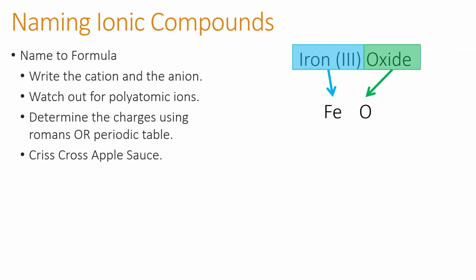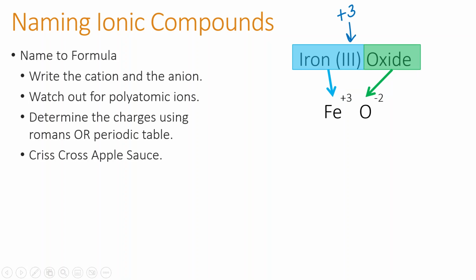Now, iron is a transition metal, meaning that we don't know its charge from the periodic table. Instead, that's what this Roman numeral is telling you. This Roman numeral is not telling you that there are 3 irons. It's telling you that the charge on the iron is +3. So iron here is +3. Oxide is -2 in that column.